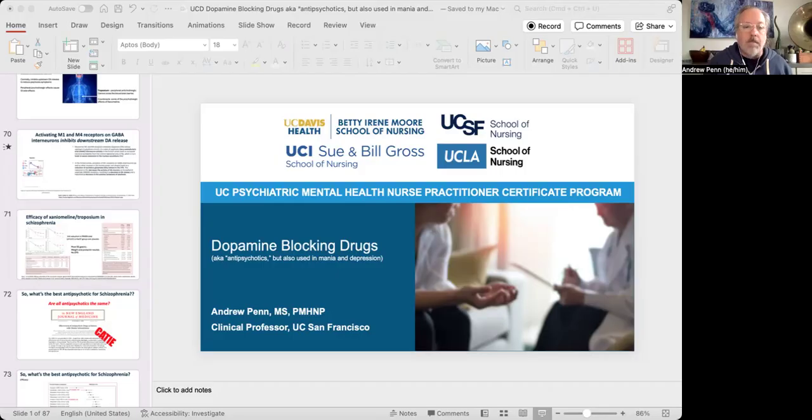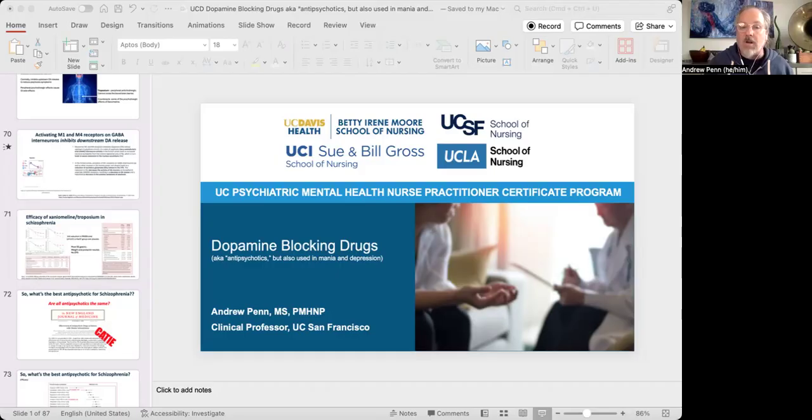However, when we get into the second generation of antipsychotics, then we start thinking about serotonin. Just a reminder on the serotonin receptors, there are 7 different groups, 14 different serotonin receptors altogether. The one that's mostly relevant for atypical antipsychotics is the serotonin 2A receptor, which we are going to block.